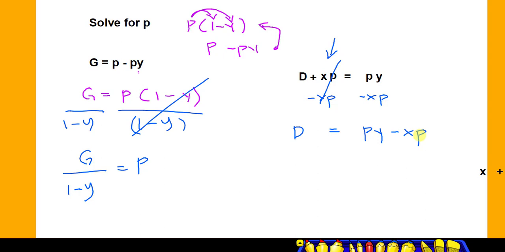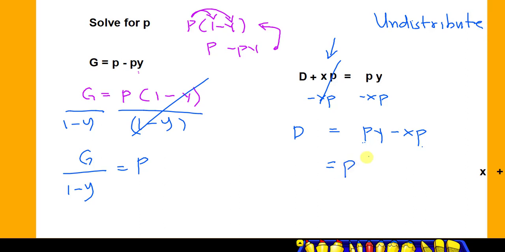In a similar situation, I have now p here and p here. I have two variable p. So what should I do to make those two p's just one? We're going to use the term undistribute again. So how am I going to undistribute my p?